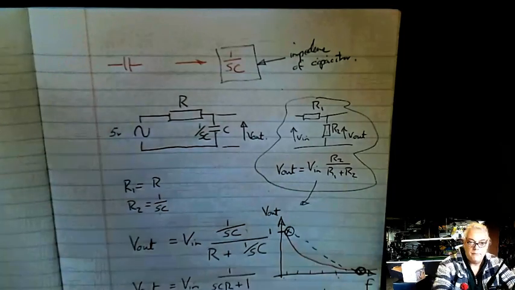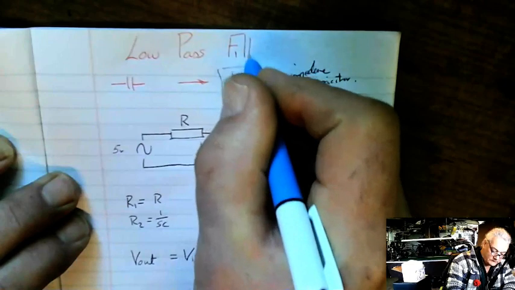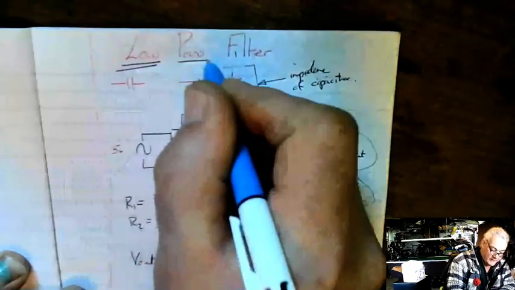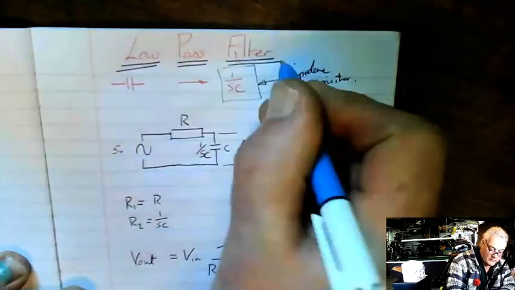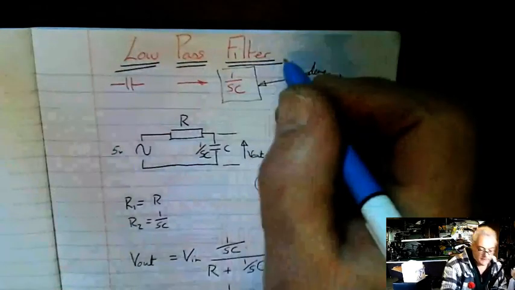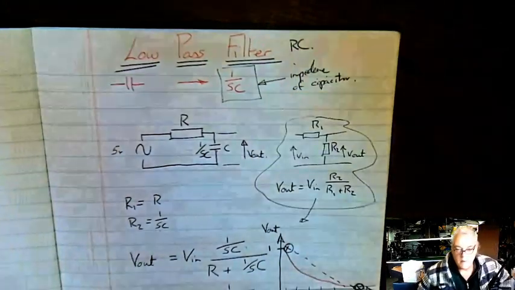So I'm just going to put a little crowning glory on here, and I'm going to call this a low pass filter. So that's the analytics for the low pass filter, and you can build low pass filters using inductors as well, or a combination of inductors and capacitors, but this is a low pass filter of the kind just using an RC.